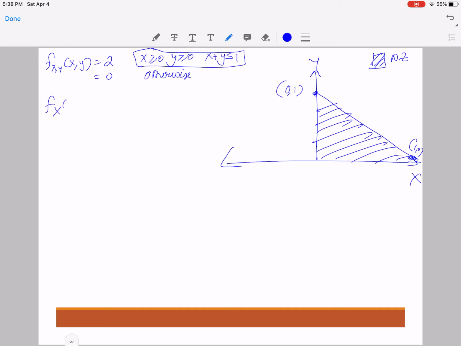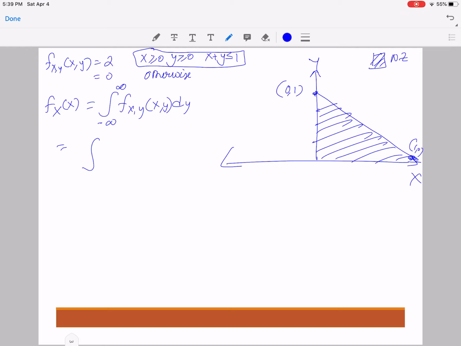I asked you to first calculate the marginal PDF of x. When you calculate the marginal PDF of x, the usual way is to integrate the joint PDF from minus infinity to infinity with respect to the other random variable, y in this case. However, for this particular PDF, the limits of integration are going to change.